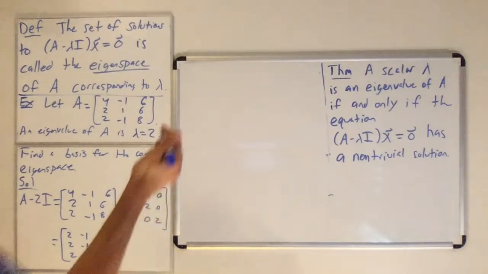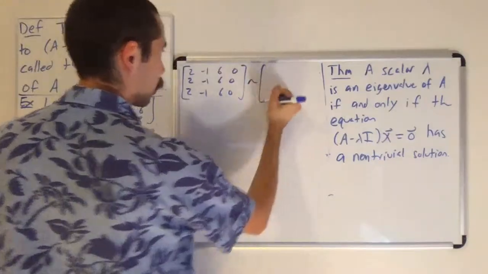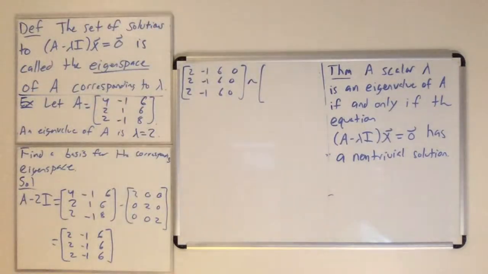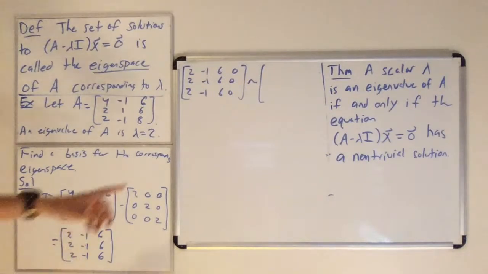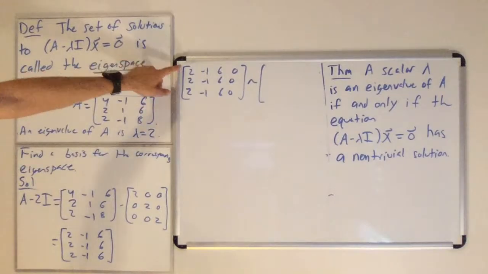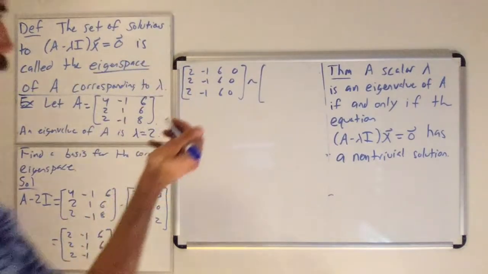Okay, and now let's put it into reduced row echelon form. Multiply the identity by 2 and subtract. Yes, Miriam, exactly. Let's put it into reduced row echelon form.